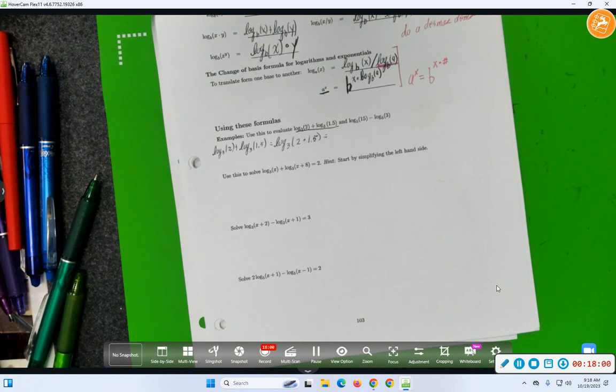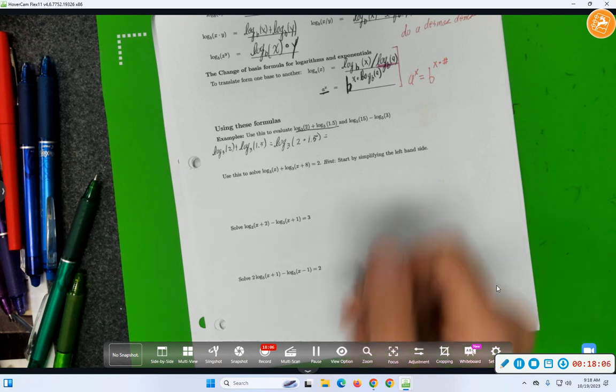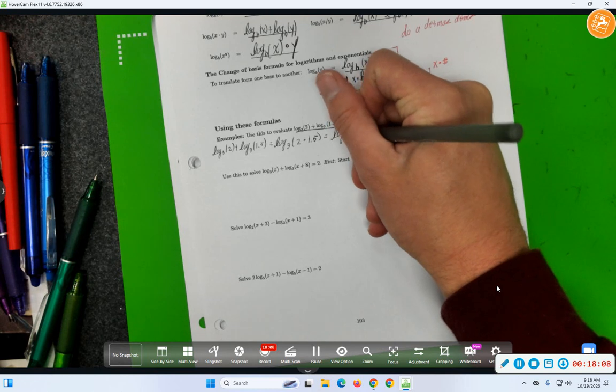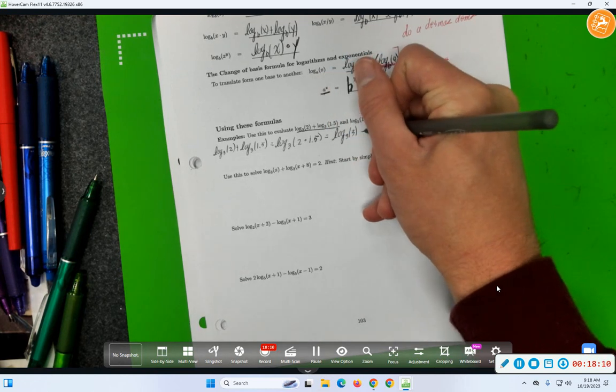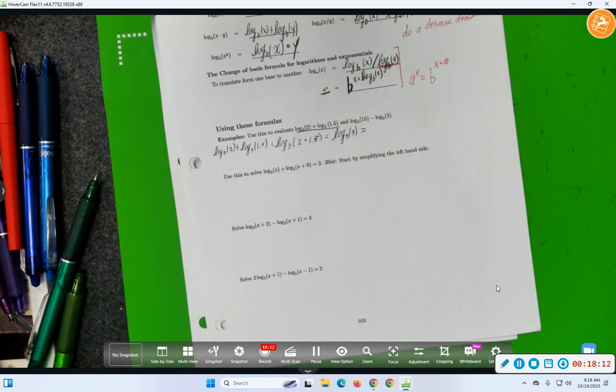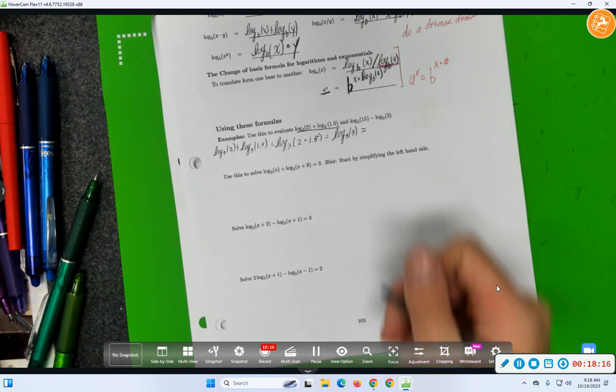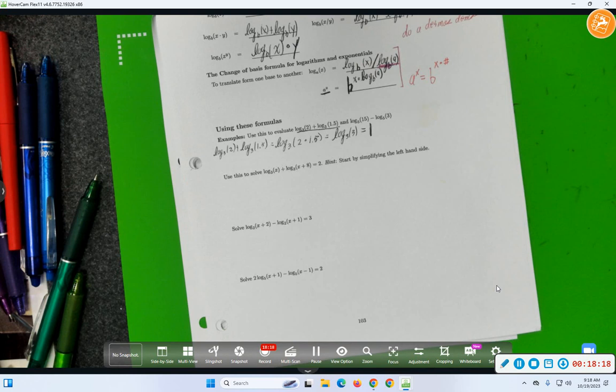And now let's just see what happens. What's 2 times 1.5? Say louder. 3. That is log base 3 of 3. And what is the log base 3 of 3? 1. Log base anything of that same anything is always 1. Cool. Feel pretty good?